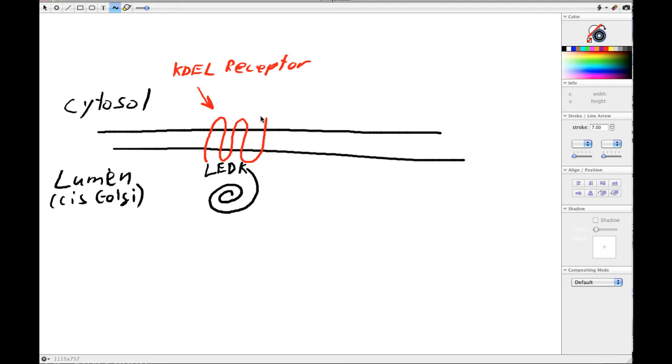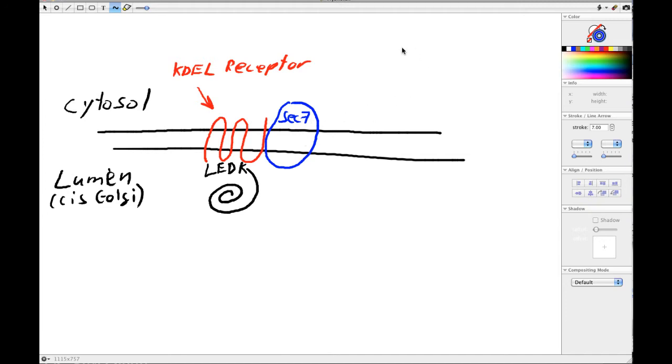I think in the notes I drew it slightly backwards. And then we have our SEC7. So that's where we left off.